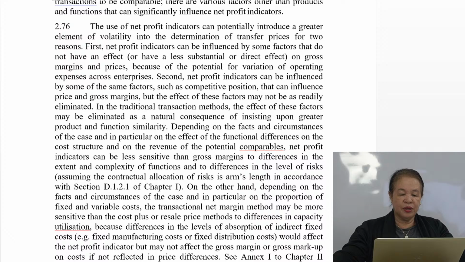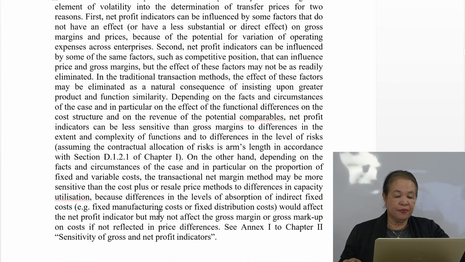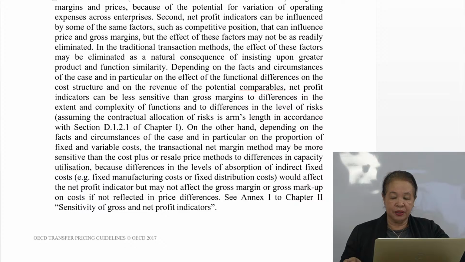No? So assuming the contractual allocation of risk is arm's length in accordance with section D.1.2.1 of chapter 1. On the other hand, depending on the facts and circumstances of the case, and in particular on the proportion of fixed and variable cost, the transactional net margin method may be more sensitive than the cost plus or resale price methods to differences in capacity utilization, because differences in the levels of absorption of indirect fixed cost, the fixed manufacturing cost or fixed distribution cost, would affect the net profit indicator, no?